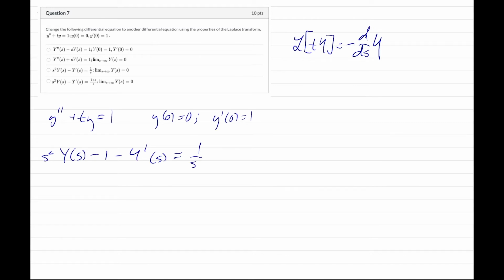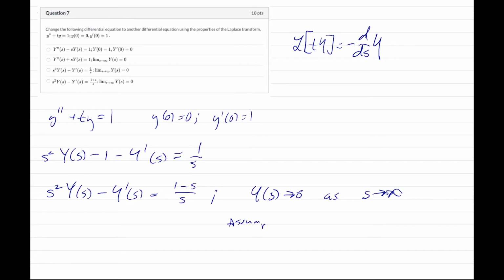Okay, so altogether we have s squared times Y of s minus Y prime of s is equal to 1 over s minus 1, so we get 1 minus s over s. Okay, and then we add in this extra constraint of Y of s goes to 0 as s goes to infinity, because we want to make the assumption that y of t is of exponential type.